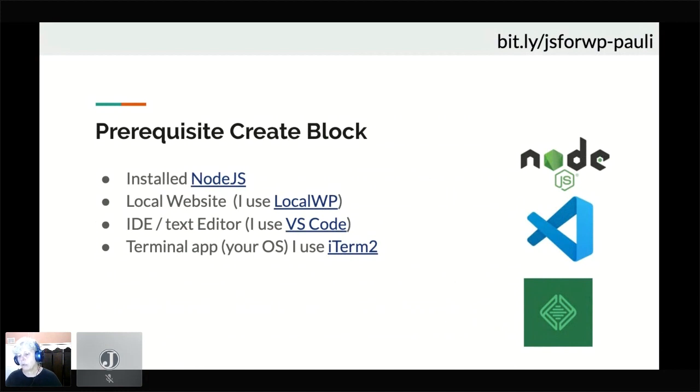I use Local WP, but you can also use others, like the Desktop Server from ServerPress or Local Dev from Pantheon. You need an IDE, a text editor. I use Visual Studio Code. And you also need a terminal app. I use iTerm2 for that.